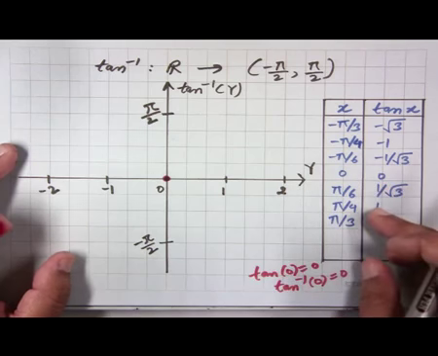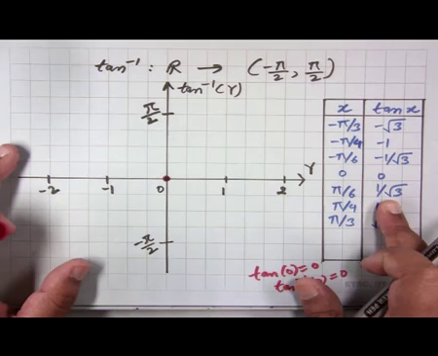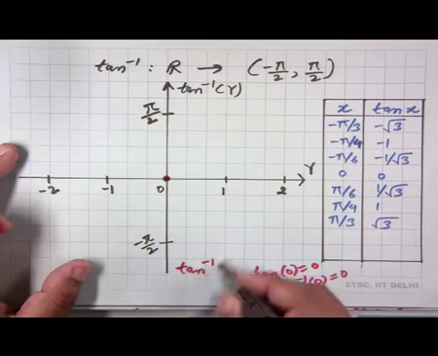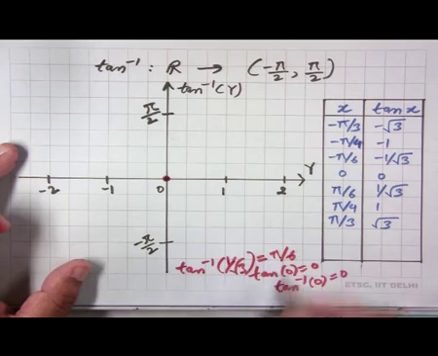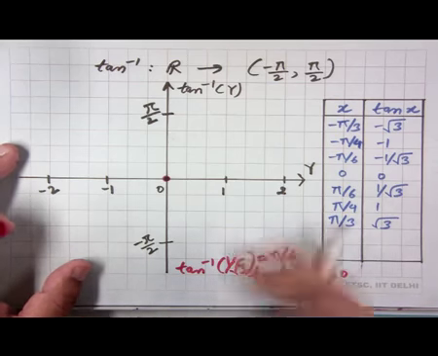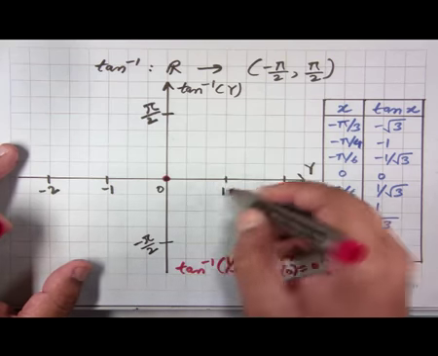Then we see that tan of pi by 6 is 1 over root 3, and therefore, tan inverse of 1 over root 3 will be equal to pi by 6. So, 1 over root 3 should be somewhere over here.